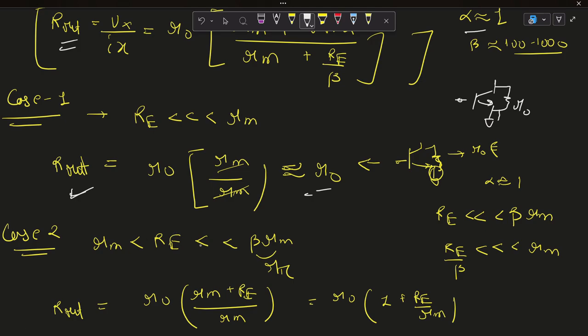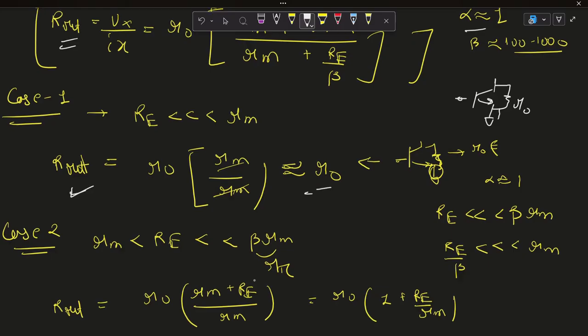For case 2, Re is greater than Rm, but Rm is less than Re, not much less than Re. These two are comparable, Rm and Re comparable, but Re is greater than Rm, and beta Rm is much greater than Re, and beta Rm is our r pi.